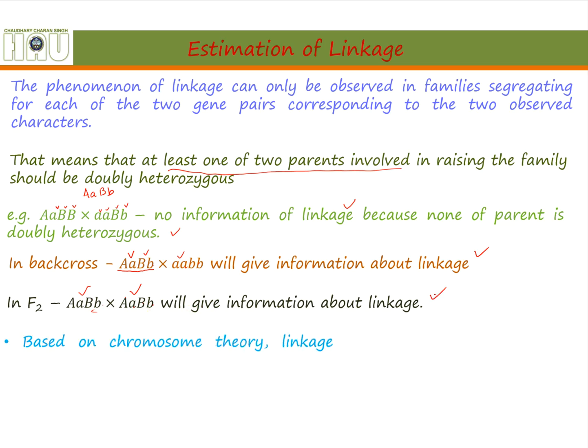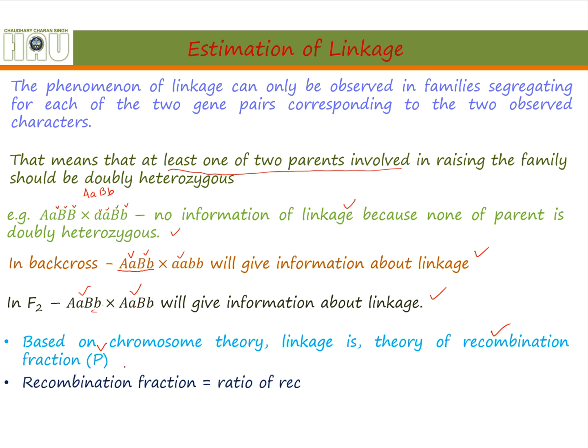So based on the chromosome theory, linkage is nothing but the theory of recombination fraction, which is represented by capital P. Now, what is recombination fraction? Recombination fraction is nothing but the ratio of recombinants as compared to the total number.